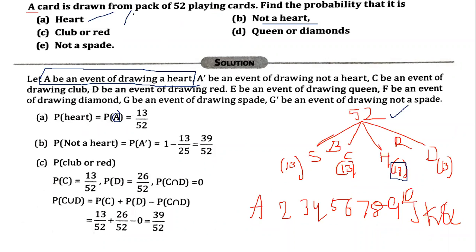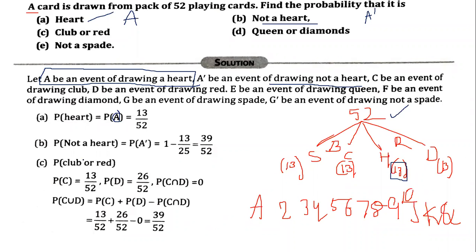So if A is the event of drawing a heart card, for not a heart card I can take this as A dash, the other way around. So A dash is the event of drawing not a heart card. Except heart card, we will draw other things.